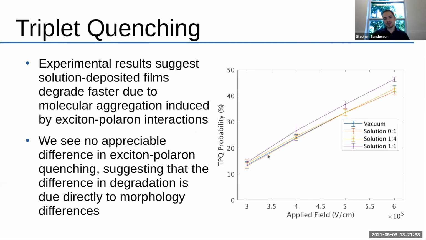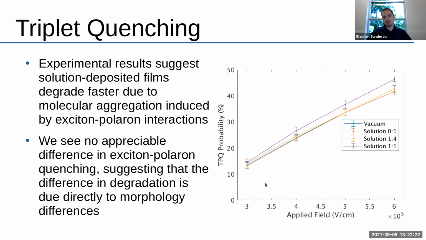So we're quite interested in whether there is any difference in triplet-polaron quenching. But what we see is that for experimentally plausible concentrations of trapped solvent, there's essentially no difference in the probability that a triplet undergoes triplet-polaron quenching.